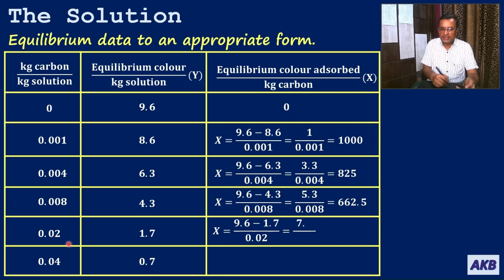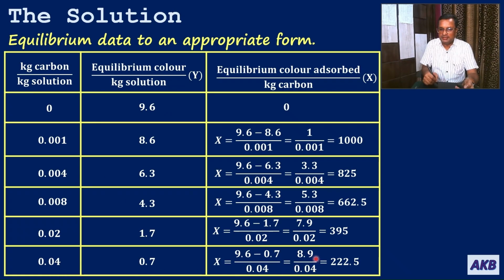Then for the next reading, capital X will be 9.6 minus 1.7 divided by 0.02. That is equal to 7.9 divided by 0.02, which is 395. And finally, 9.6 minus 0.7 divided by 0.04, which is nothing but 8.9 divided by 0.04, which comes out to be 222.5.